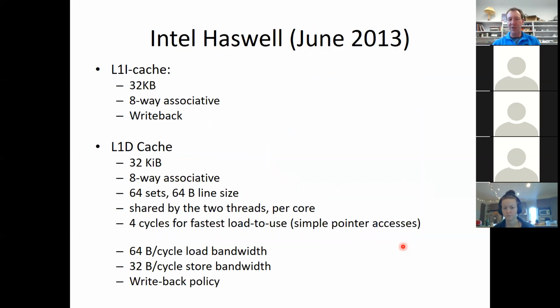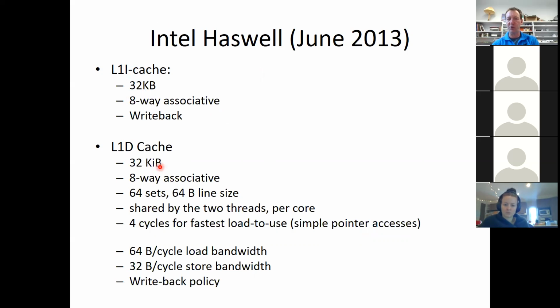Now, briefly, how are these caches in today's processors organized, and what do you have to expect when you do your programming? If you look at the Intel Haswell processors, which were released roughly 7 years ago, the L1 cache is divided into two L1 caches: an instruction and a data L1 cache, organized very similarly.